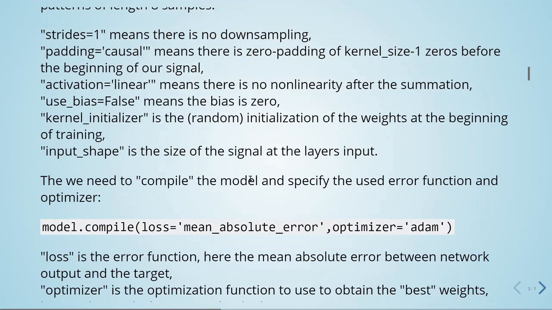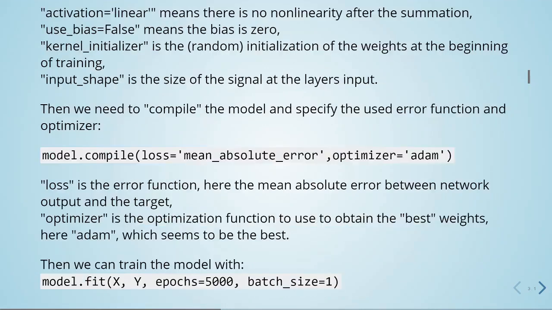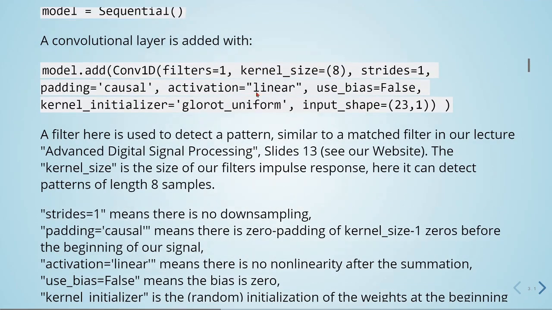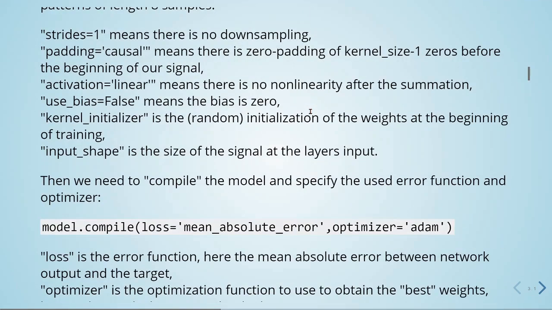So then we need to compile the model and specify the used error function and the optimizer. We defined our model here, and then we need to compile and we need to specify the error function. It's called the loss function, and here we are going to use the mean absolute error, and we will use the optimizer called ADAM.